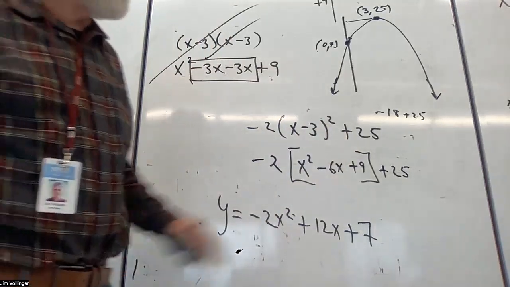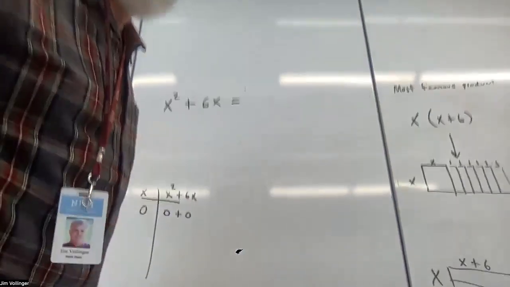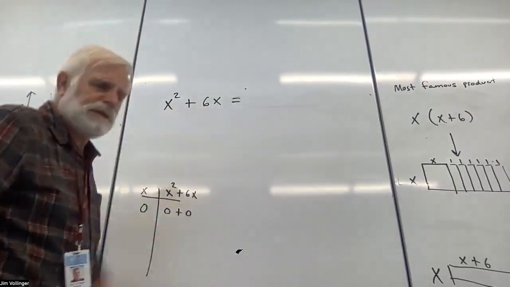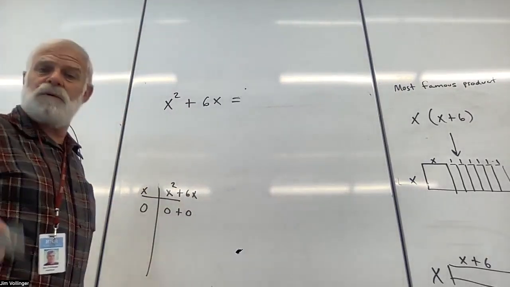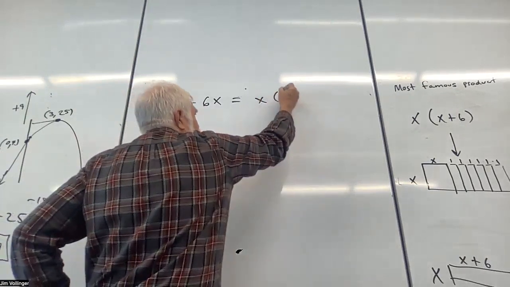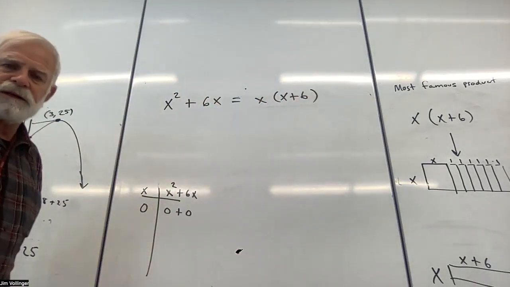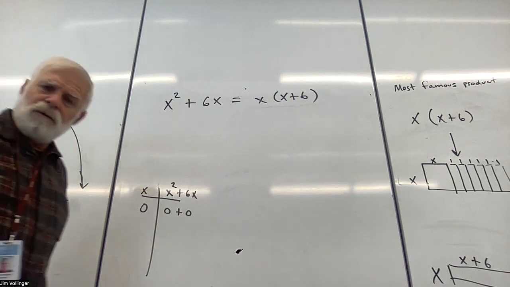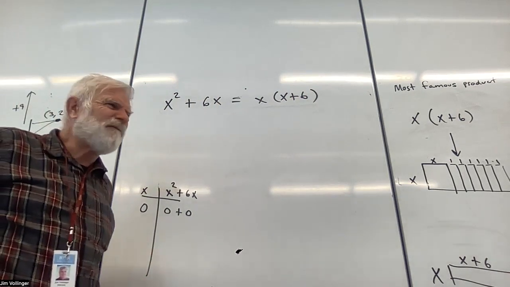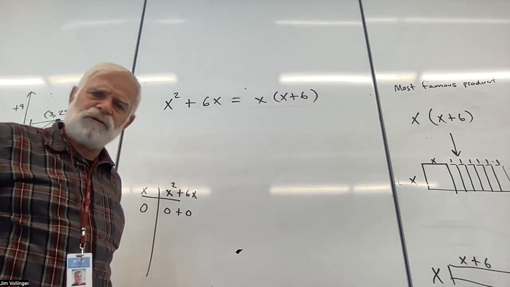All right, so now let's talk about creation of vertices. Let's start with a kind of term that you saw today in class. You saw x squared plus 6x in class. And what were we doing with x squared plus 6x? We were factoring it, writing it as a product: x times x plus 6. That's a product. I think there are 2 famous products that come to my mind without any hesitation.